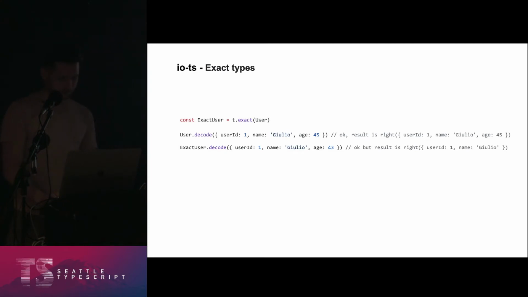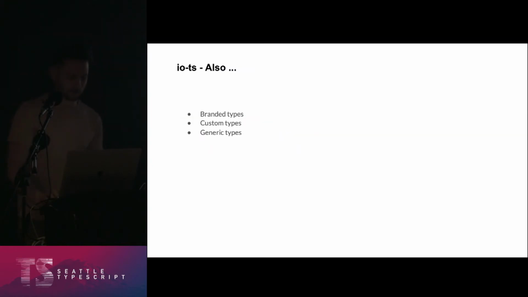Oh yeah, the first one is user, and it doesn't care that there are extra properties, but the second one is exact, so it will complain. You'll see that some of the other libraries also have this.